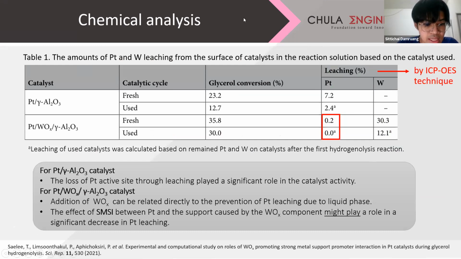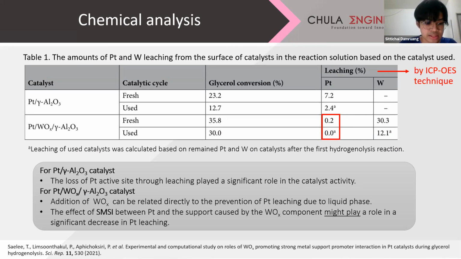The amount of platinum and tungsten leaching from the surface of the catalyst into the reaction solution is based on the catalyst used. For platinum on alumina catalyst, the loss of platinum active sites through leaching plays a significant role in the catalytic activity.